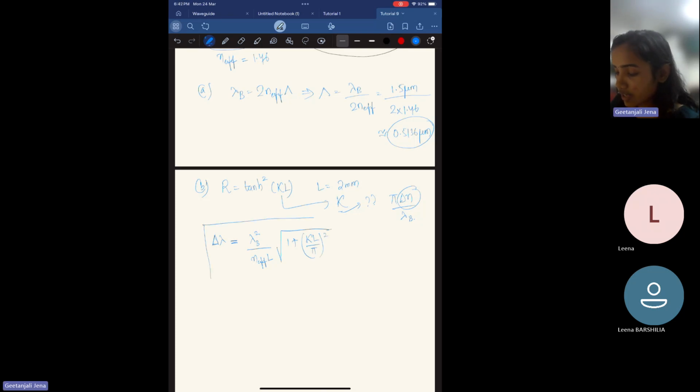You can use this if you know Δλ, and Δλ is already given to us.